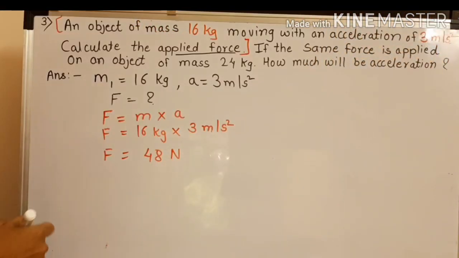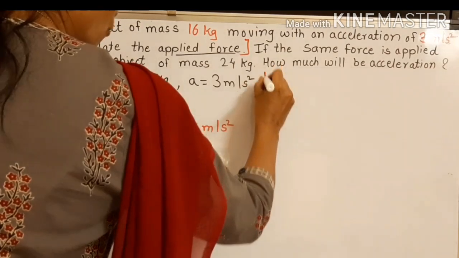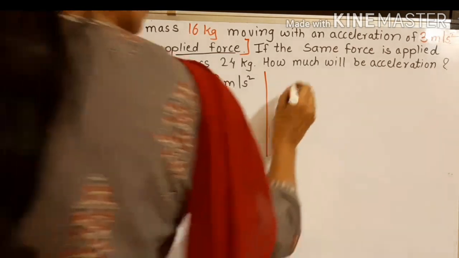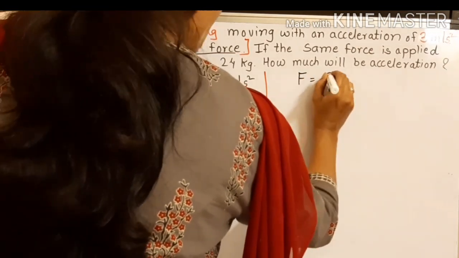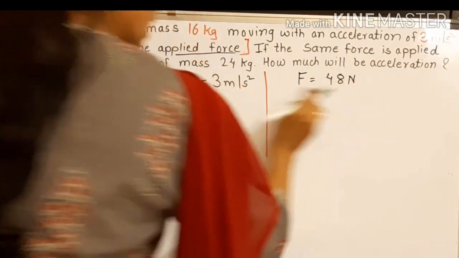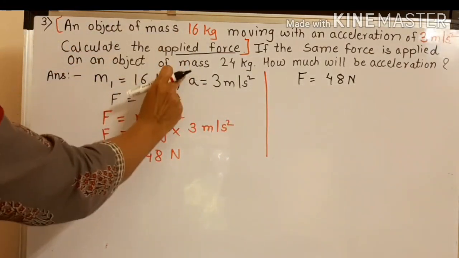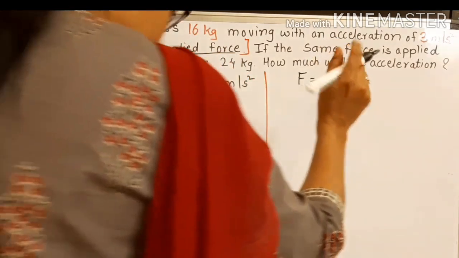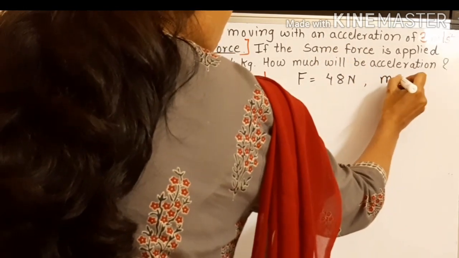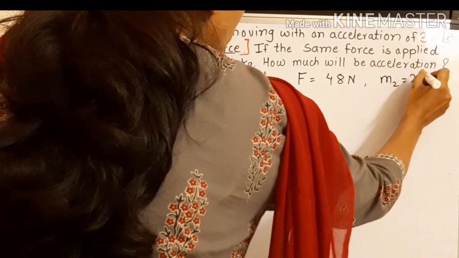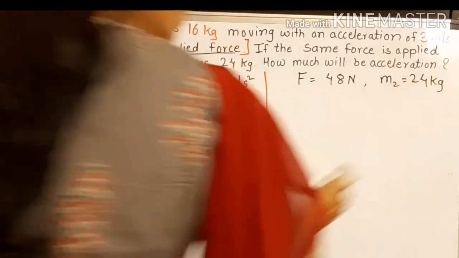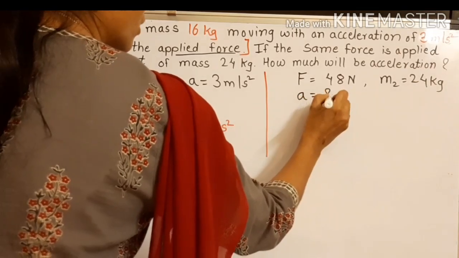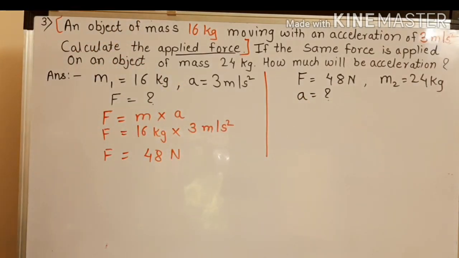We calculated force here. So the same force, 48 Newton, is applied on the object having mass 24 kg. So the next mass M2 is equal to 24 kg. We have to find the acceleration.